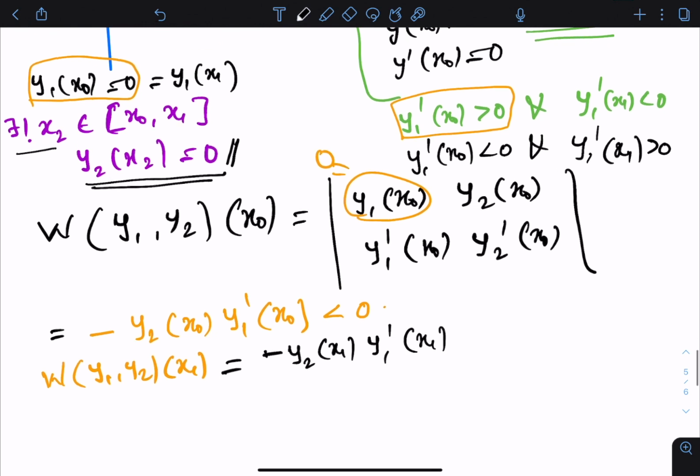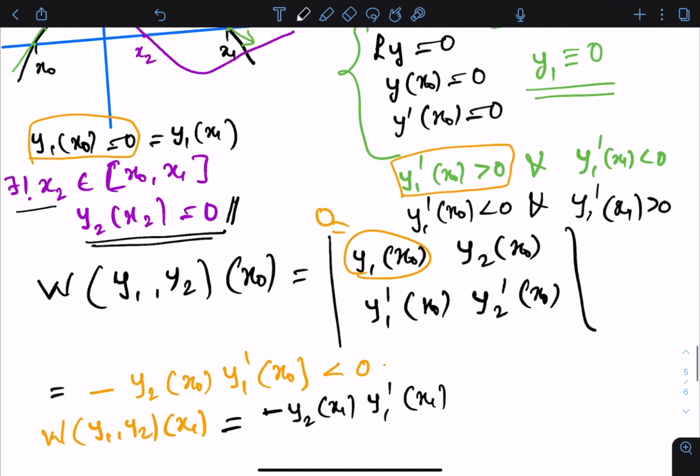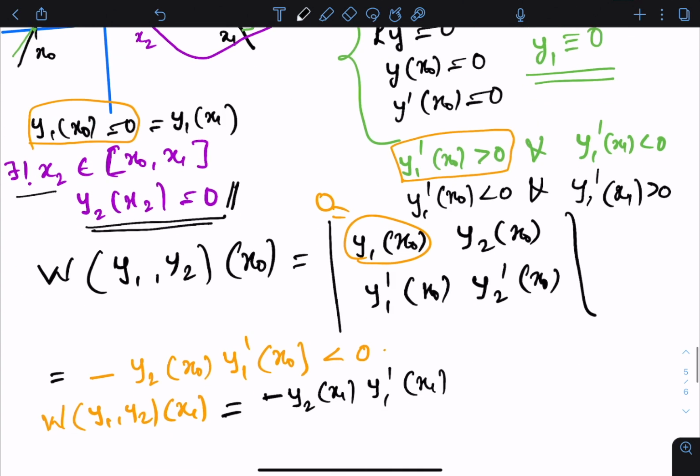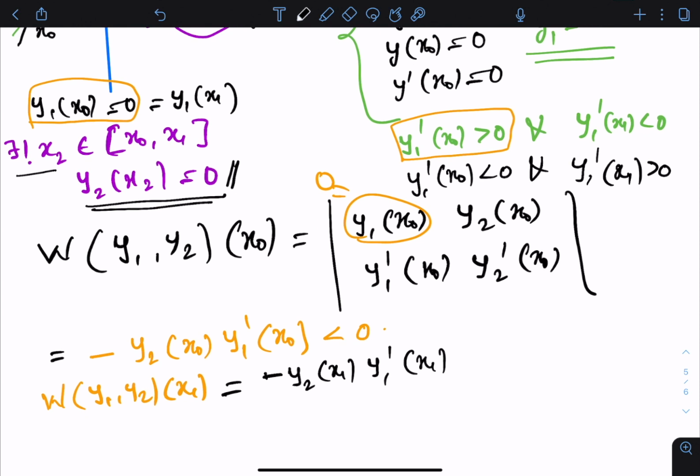And in this case again y2 of x1 is positive, and y1 prime of x1 is positive from here. This one. Because earlier we took this one, so we need to take the corresponding situation. y1 prime of x1 is negative, so this is negative, this is positive, which means it's negative, so this is positive.